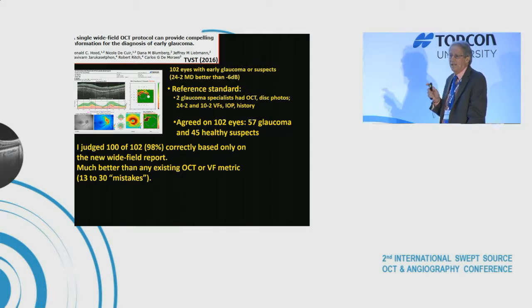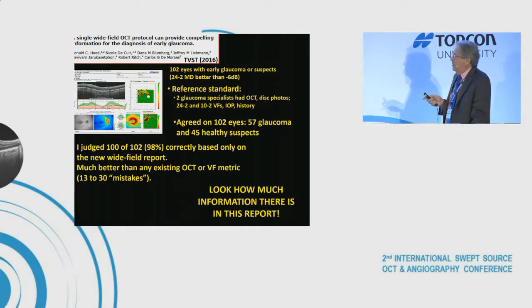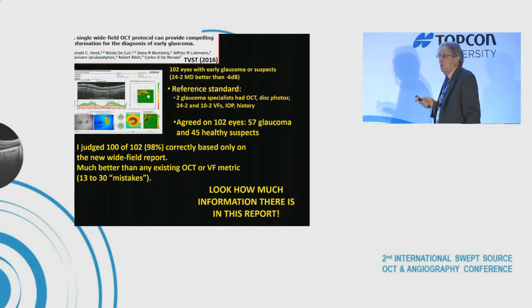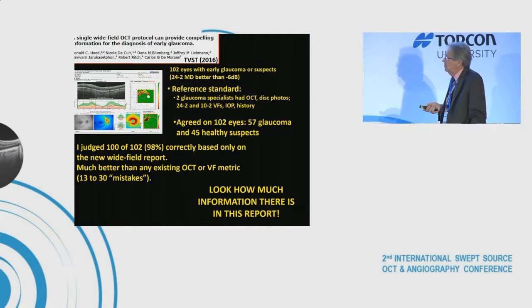Now the point here is not look at me, how good I am. The point here is look at how much information is in here, because that's all I used. So if that information is there, we were optimistic we could start using artificial intelligence instead of metrics if you wanted to have a simple way to deal with this.